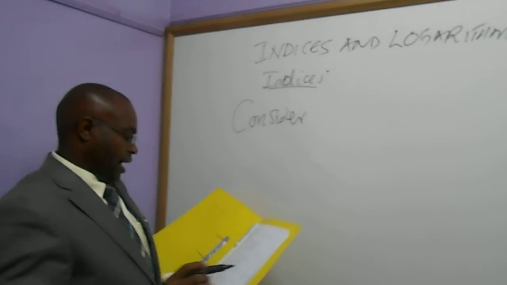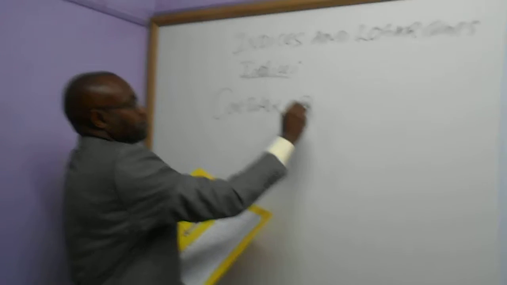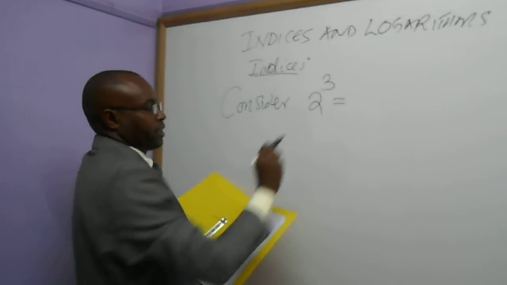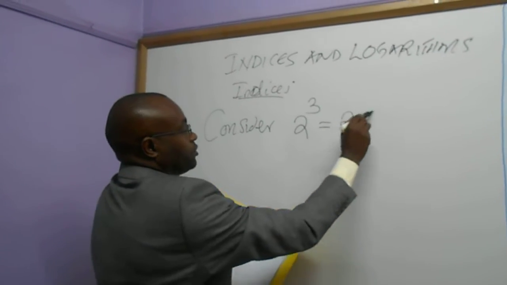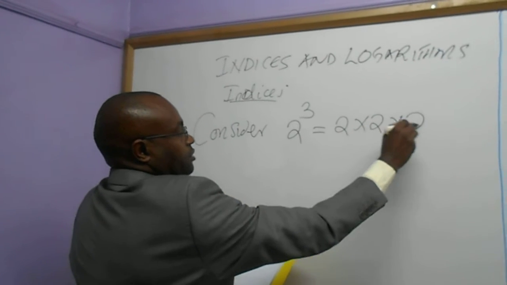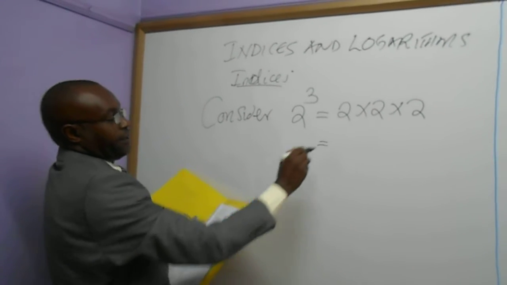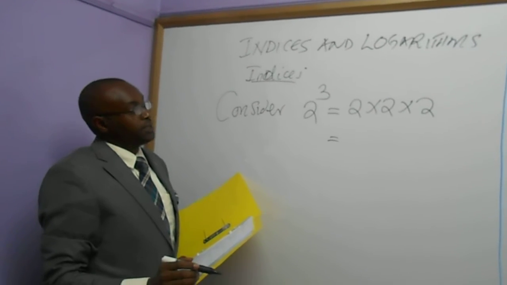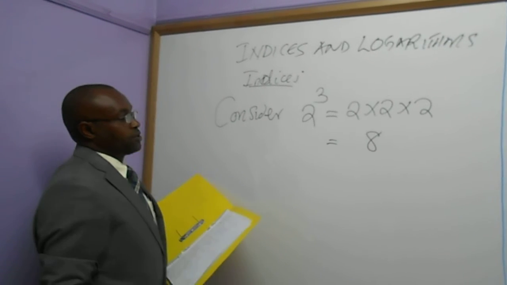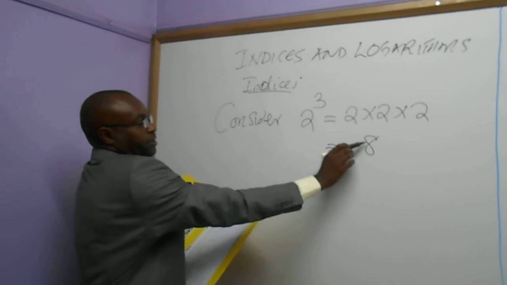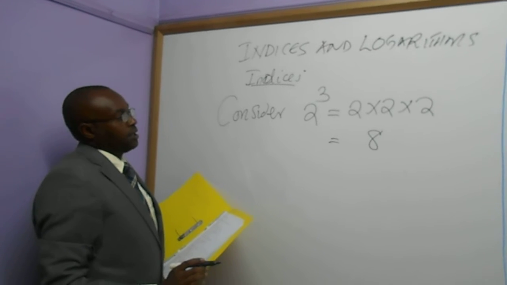if you're given a number such as 2 to power 3. This means 2 times 2 times 2, and 2 times 2 times 2 is 8. So 2 raised to 3 is 8.